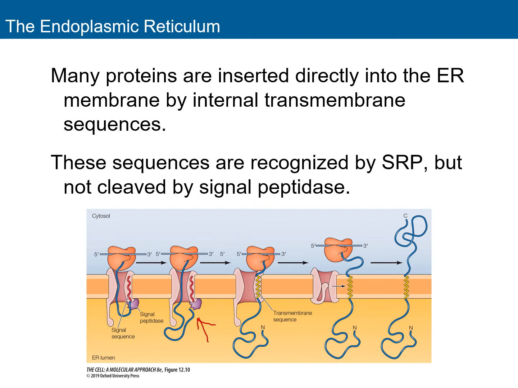So that internal sequence is recognized, and then instead of inserting them towards the lumen of the endoplasmic reticulum, the protein is retained and pushed to the side, and it becomes part of the membrane. And the orientation again could be either way. It could be N-terminus on the outside, or C-terminus on the outside, and the opposite terminus on the inside.